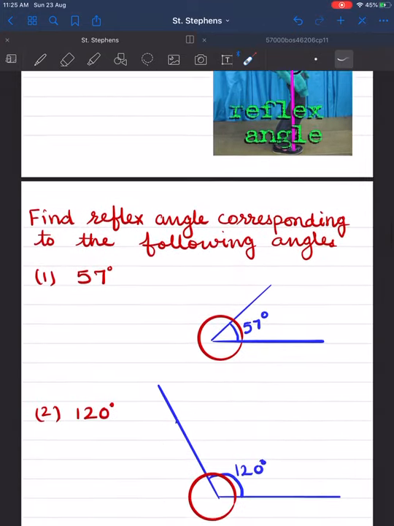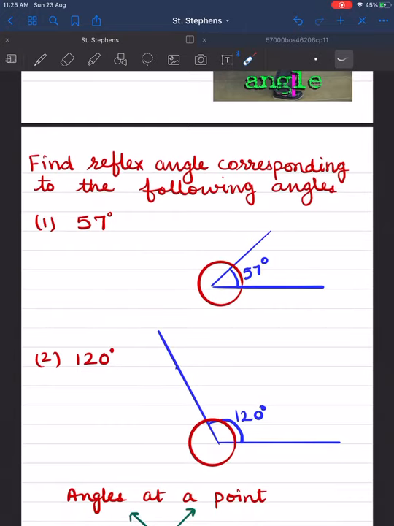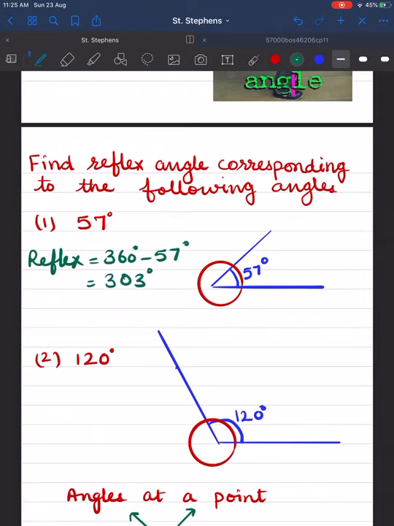Now children, let's find out reflex angle corresponding to the given angle. Now here in the figure we observe reflex angle is 57 degree less than the complete angle. So here reflex angle is 360 degree minus 57 and we get here 303 degree.